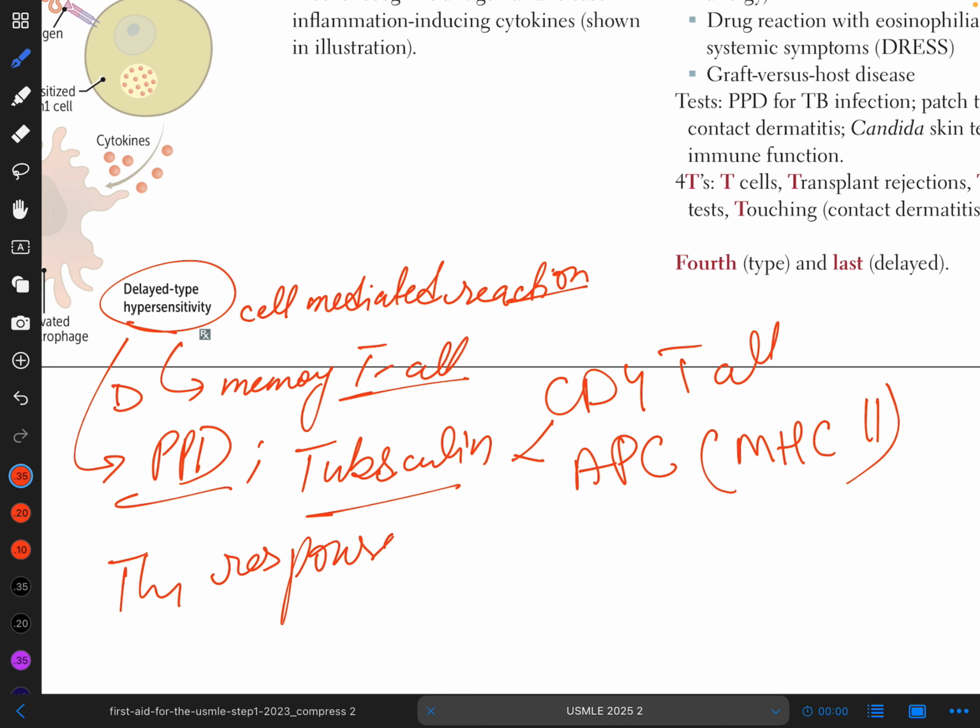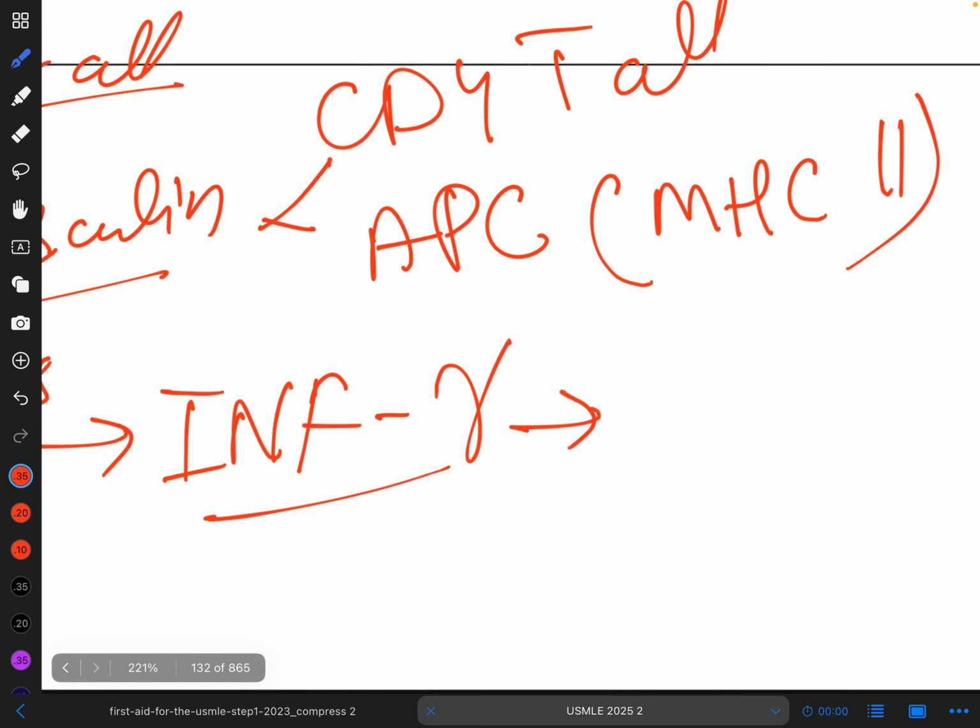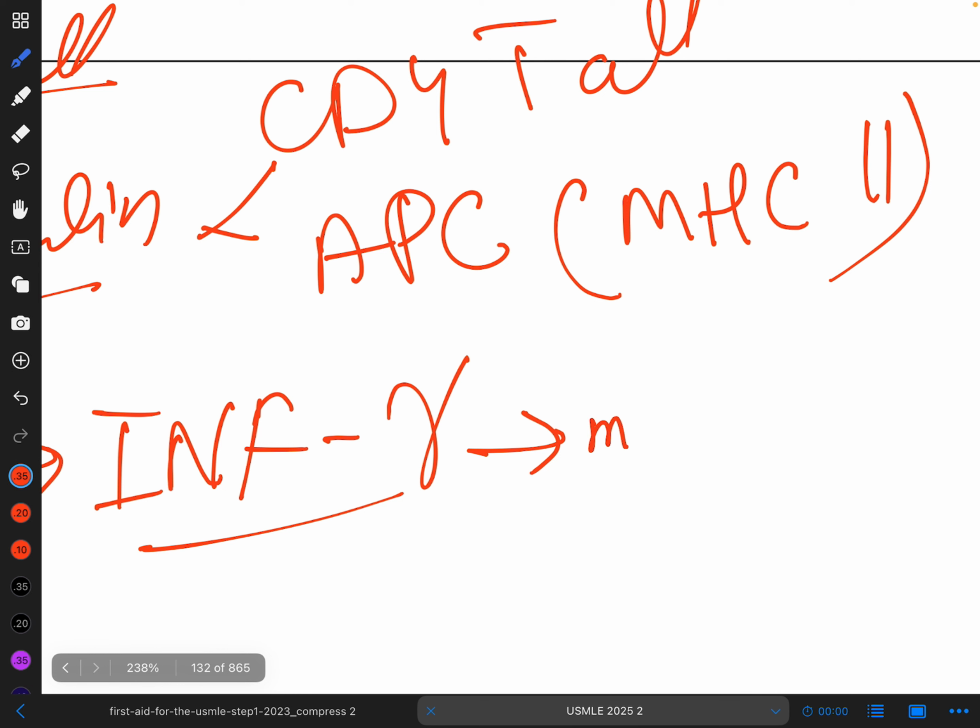By this the T helper 1 cell will be activated and release interferon gamma, and it will activate macrophages.